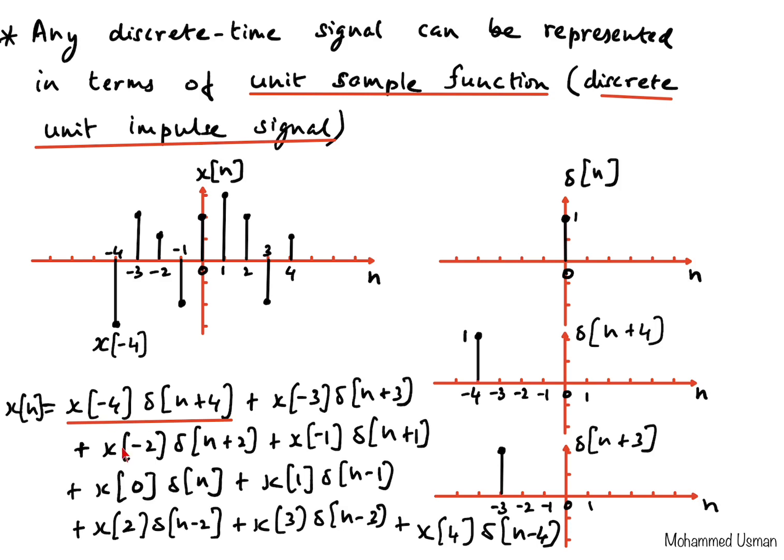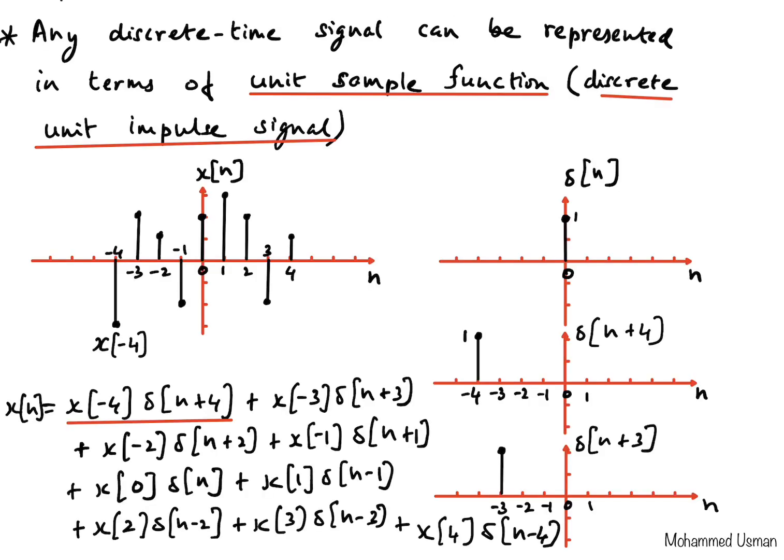So we can write this whole thing as a summation. We can write our x of n as summation x of k times delta of n minus k.